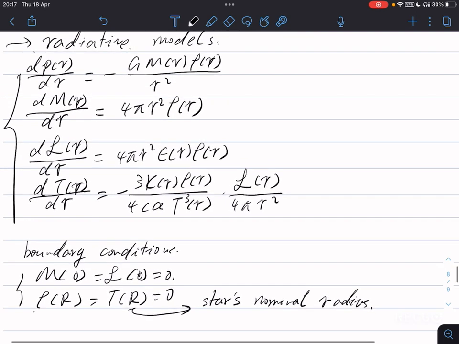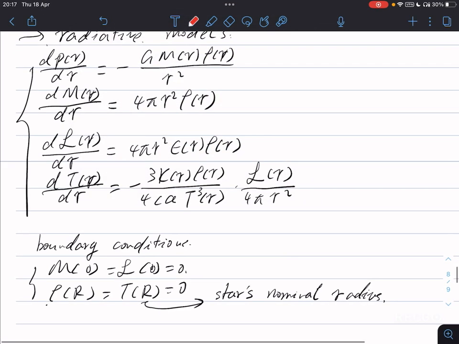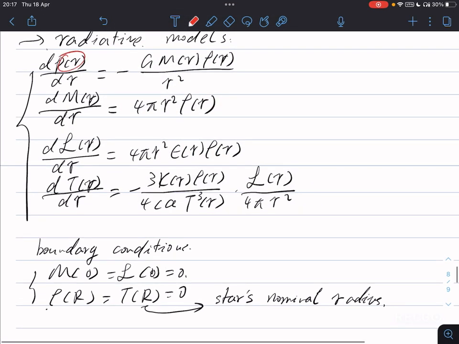Notice that the pressure, the opacity χ, and this ε about nuclear energy can all be expressed as functions of ρ and T.